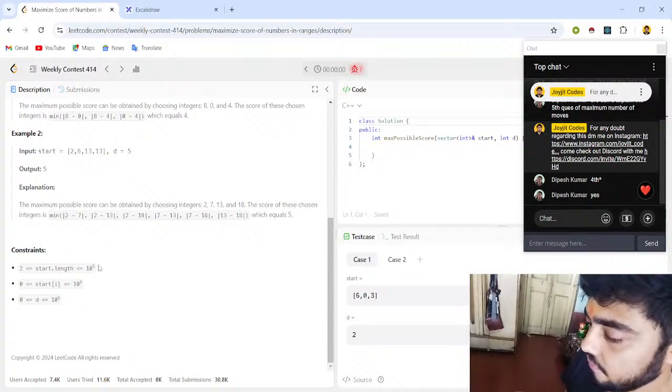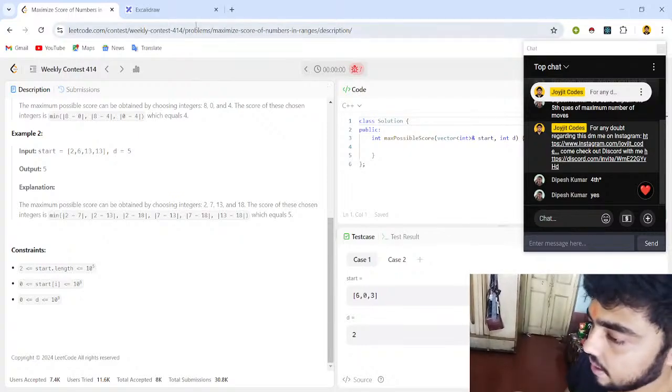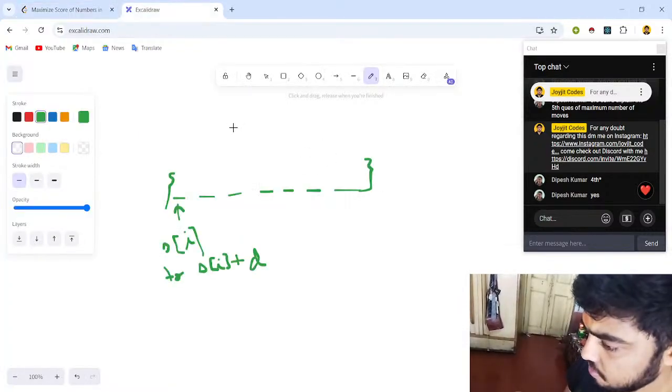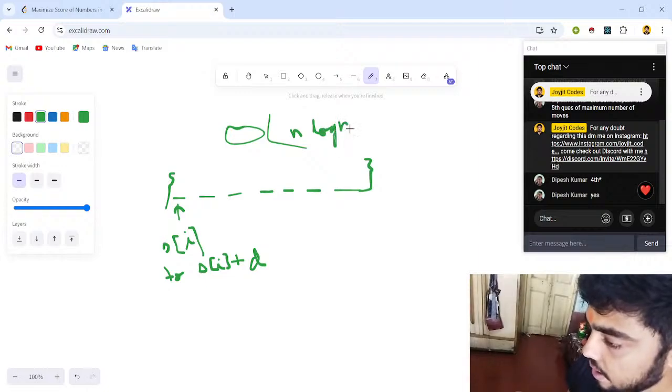Whenever there is a 10 to the power 5 constraint, we can keep in mind that the complexity should be big O n log n, right? It should be big O n log n.